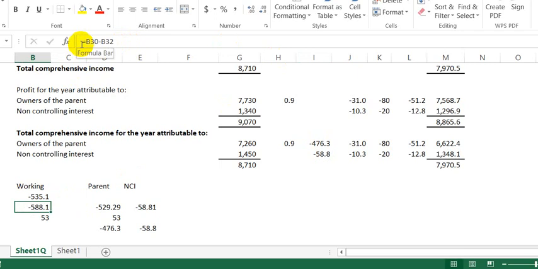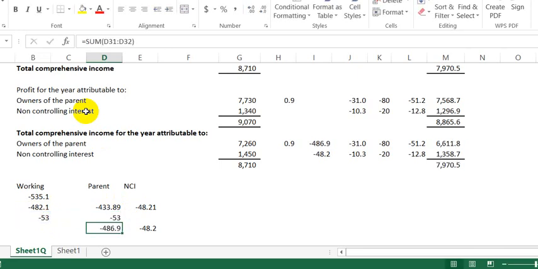So if we do that, and we do that, we do that.